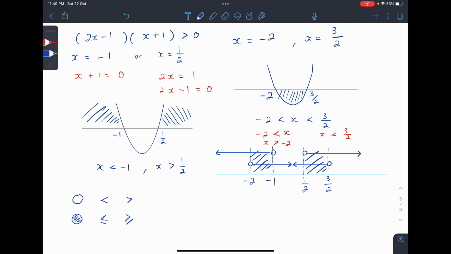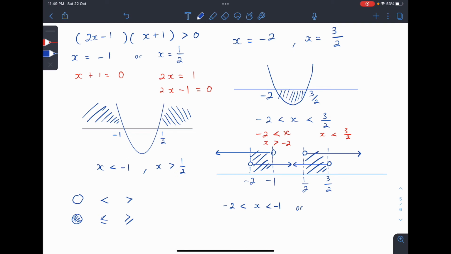Okay? All we need to do now is write our range down for both of them. So the first one on the left is going to be -2. Can you guys see the two empty circles, right? So it's going to be -2 less than x less than -1, just like that. And how about the right side?